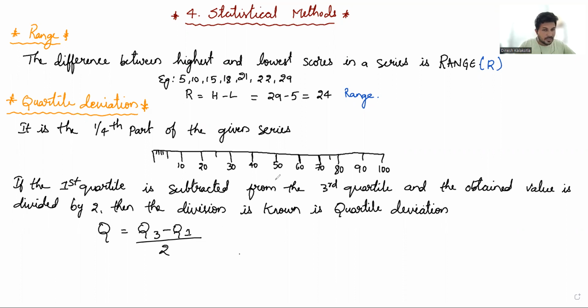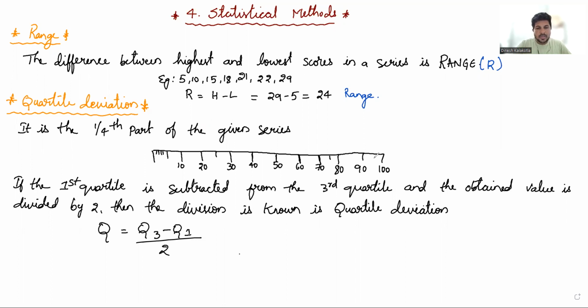Okay, so there is a scale here. You can see this is the usual scale that we see, right? If you want to divide that scale into quarters, then you are dividing it into 25 percent of the given data each.